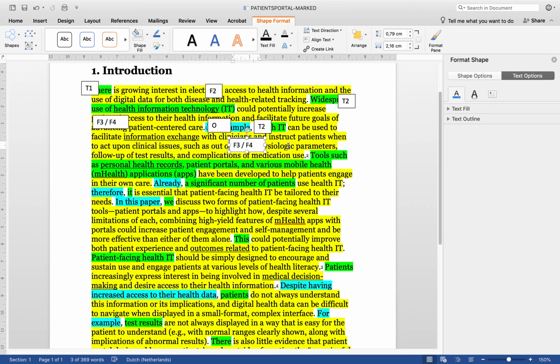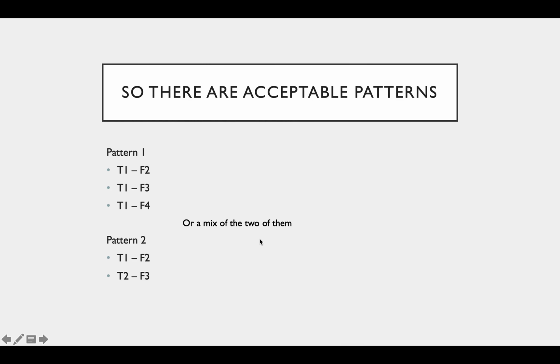So I've talked a little bit about patterns, and having talked about that, then these are 2 very acceptable patterns, not the only ones, and not exclusively, but they will help you structure your small bits of text that are supposed to illustrate your point. So you have a topic 1 followed by a focus 2, then you can still talk about that same topic, but you need to have another focus generally, unless you make an example.